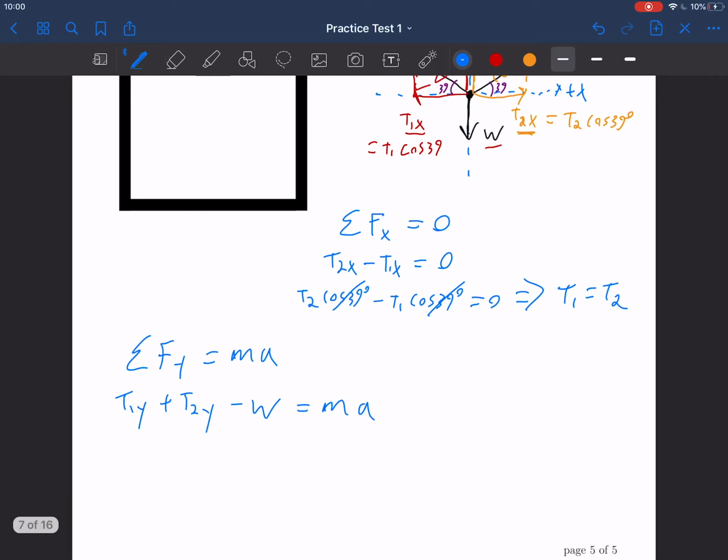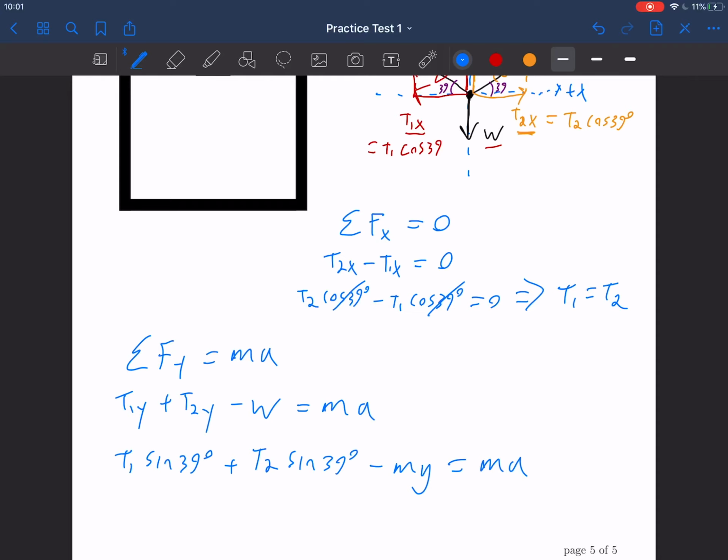Okay. Now we can go ahead and try to solve. I can write out that T1y is equal to T1 sine of 39 degrees. I can write that T2y is equal to T2 sine of 39 degrees. I can rewrite weight as equal to m times g, because that's my weight formula. And the sum of all of these must be equal to the mass times acceleration.